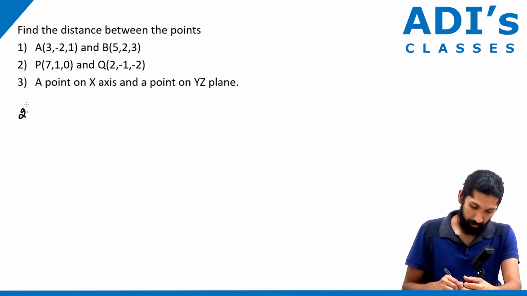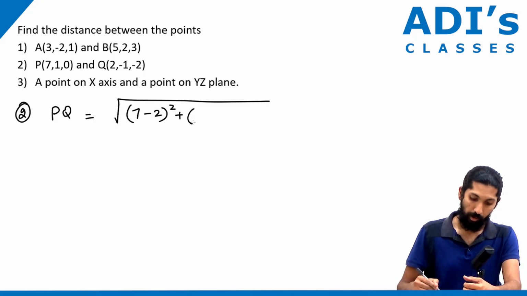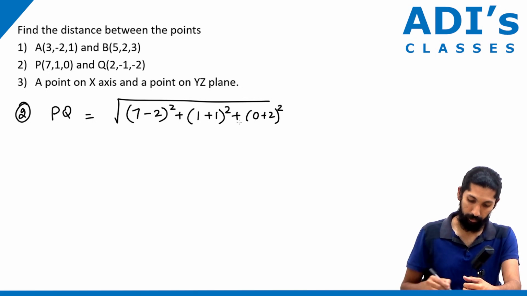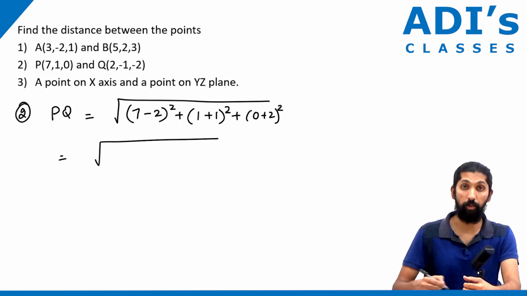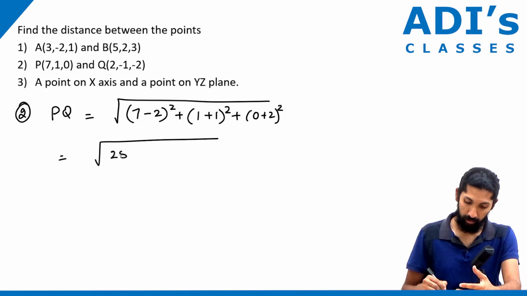See, for the second one, again, PQ. This is going to be square root of 7 minus 2 whole square plus 1 plus 1 whole square, 0 plus 2 whole square. This will be root of 7 minus 2 is 5, 5 square 25, plus 4, plus 4.